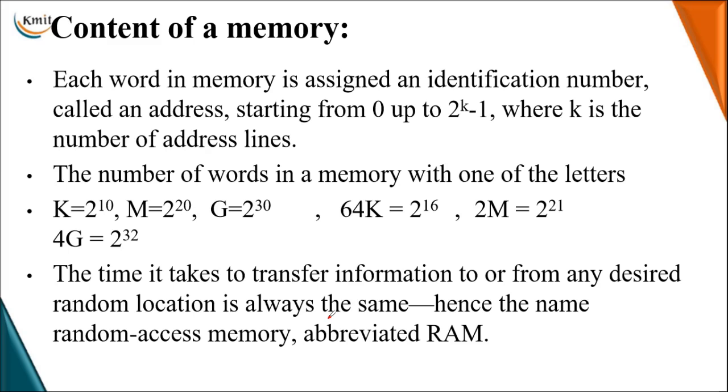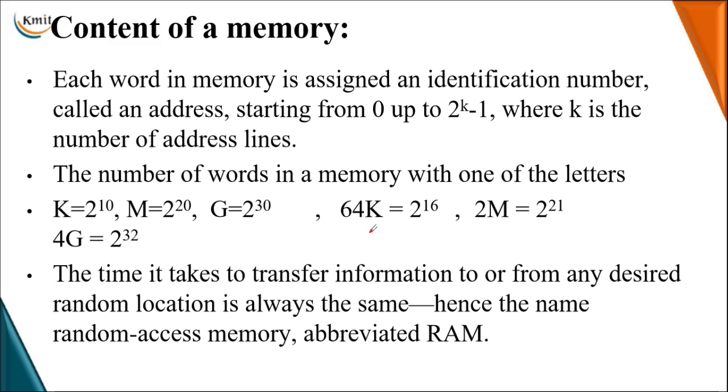Now the size of the memory is denoted in kilo, mega, giga, or terabytes. A kilo is 2 power 10 locations, mega is 2 power 20, and giga is 2 power 30.